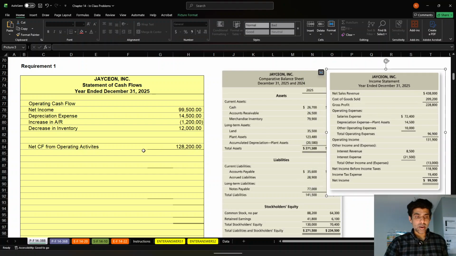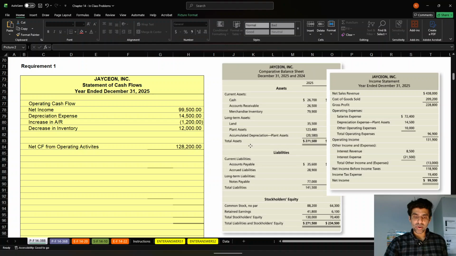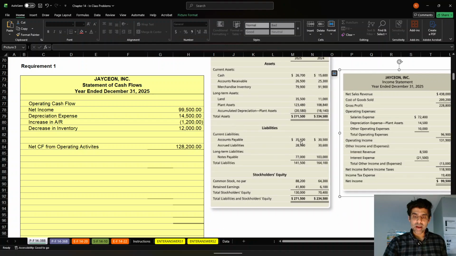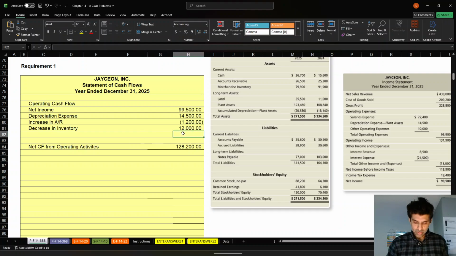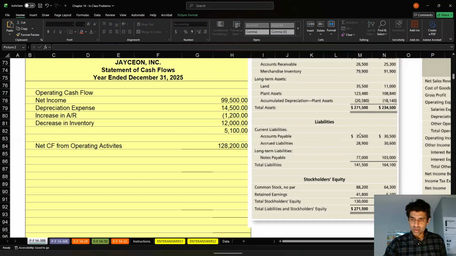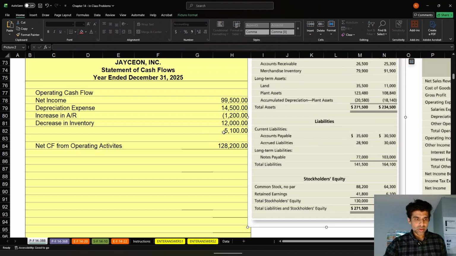Okay, and now let's do the current liabilities. So we have for accounts payable, 35,600 minus 30,500. I'm getting that from the balance sheet here. So this is an increase in accounts payable. You can think of that increase as extra money you've borrowed. So this is going to be a positive adjustment too.